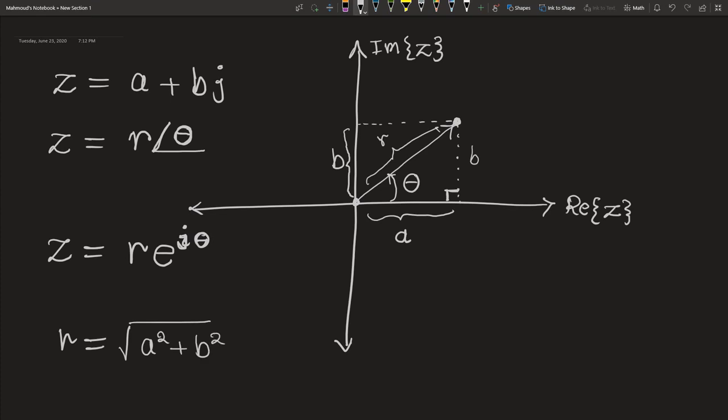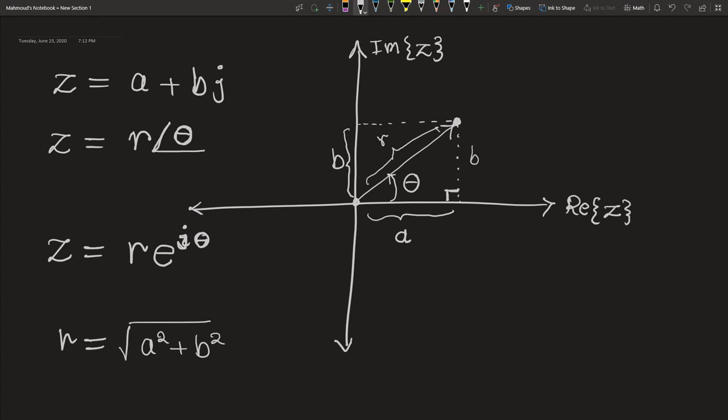And this is always a real number, right? Because a and b are real numbers, and the square is going to be positive. And the square root of a positive number is again positive, right? So R will always be a positive number.